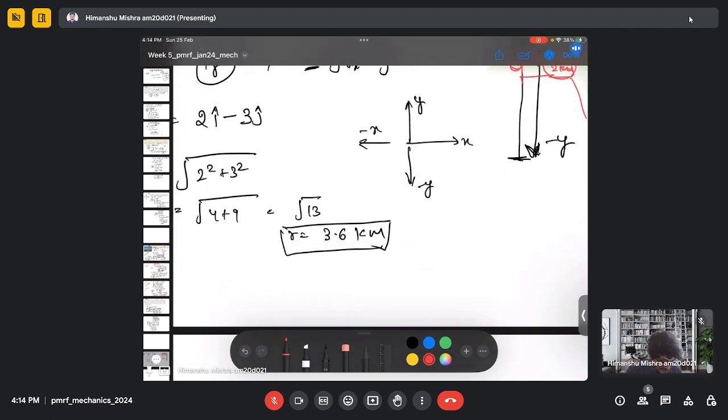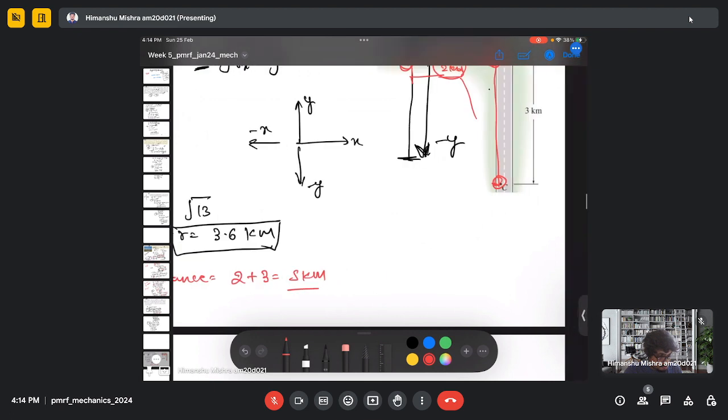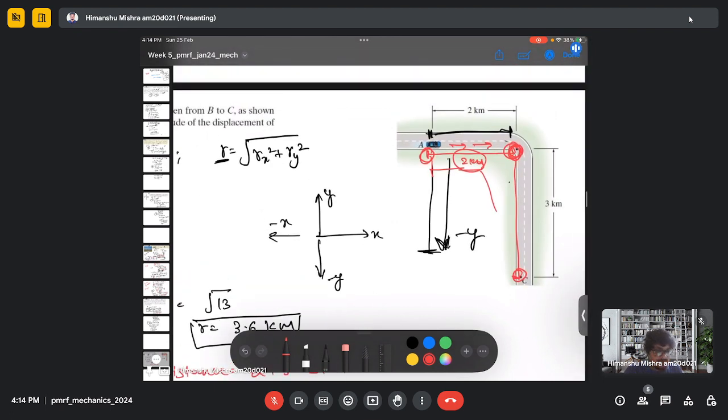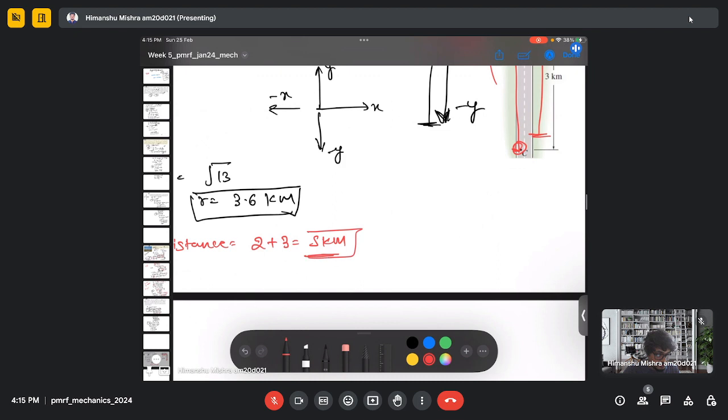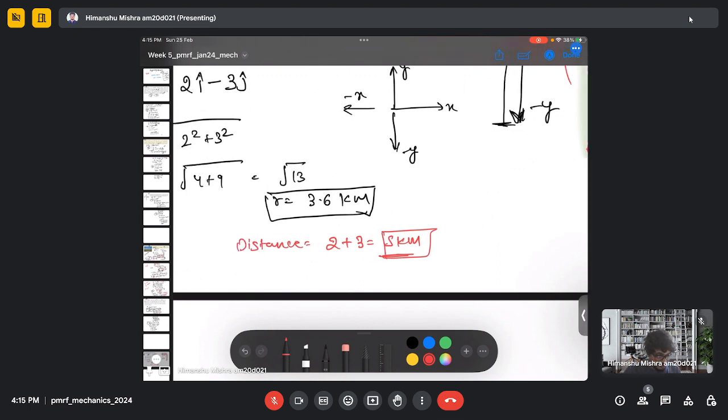So the distance will be 2 plus 3, which is 5 km. So here car covers the 5 kilometers, 2 km in the horizontal direction and then 3 km in the vertical direction. So the total distance covered by car is 5 km, whereas the displacement of a car is 3.6 km.